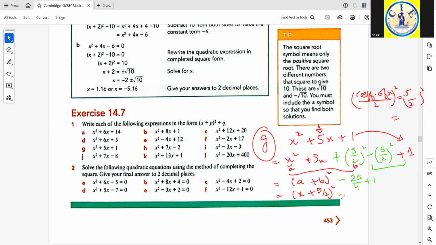We can simplify, making the denominator the same, so that the denominator is 4, and over there I am writing down this term first and then this one. So finally we have x plus 5 by 2 whole squared minus 21 by 4. That completes the question, giving p is equal to 5 by 2 and q is equal to negative 21 by 4.